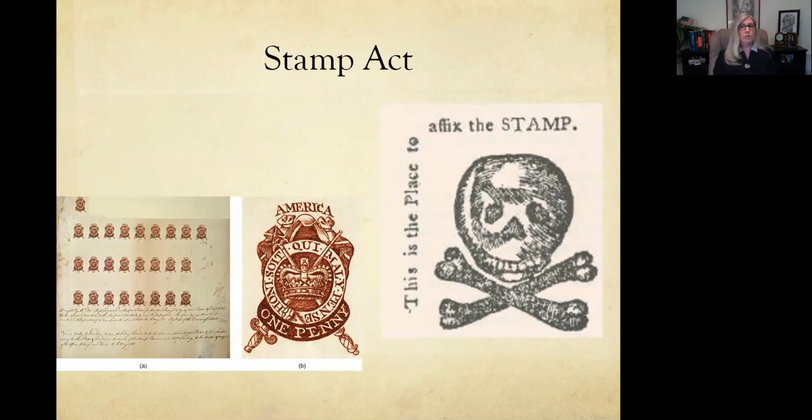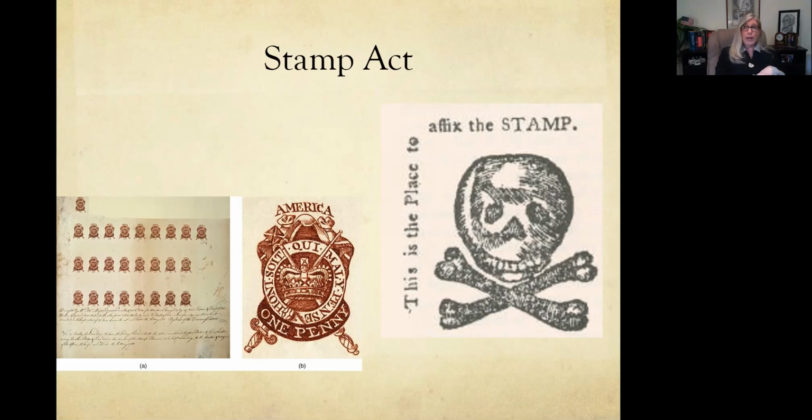Otherwise, they're illegal. So this stamp, you had to pay to get the appropriate paper to write your documents on. And if it didn't have this legal stamp, this is what it looked like, right? American 1 penny. And this is the stamp that had to be in the corner of the paper for making it legitimate paper.